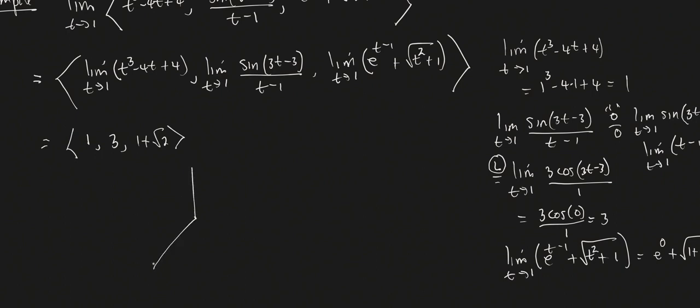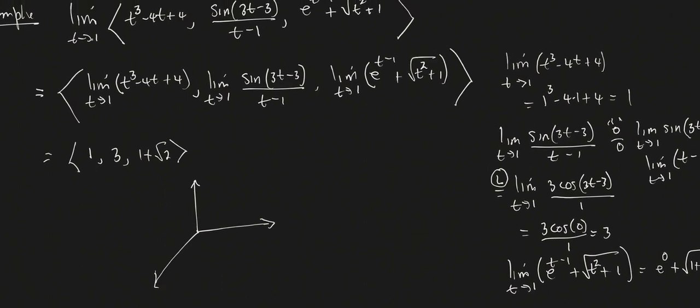So what's happening is as t gets closer and closer to 1, we're really asking what number does each component get closer and closer to. So basically this vector here, 1, 3, 1 plus the square root of 2, I am going to draw as a dotted vector.